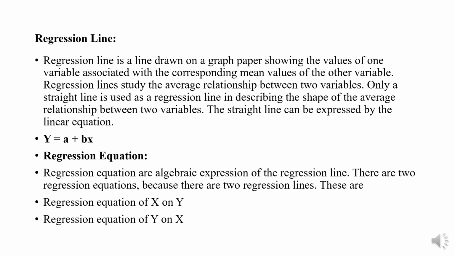Number one is x on y, the second one is y on x. So the regression equation of x on y shows the effect of variation of the x and y variables.